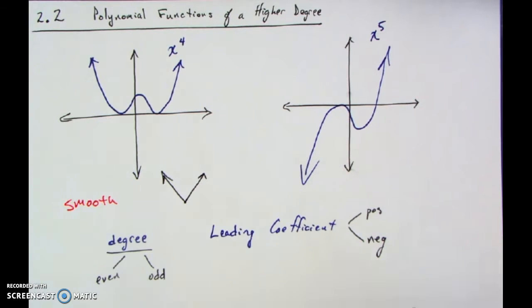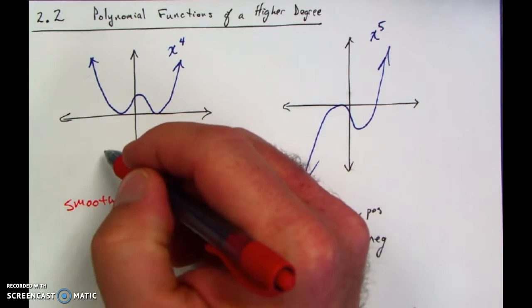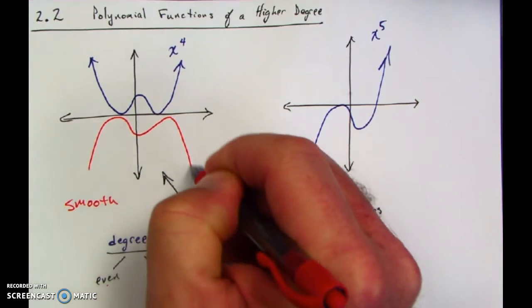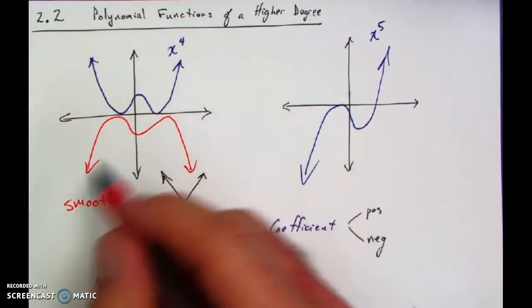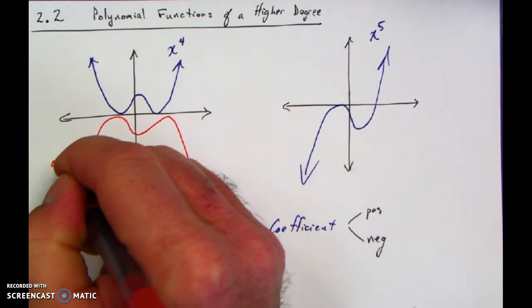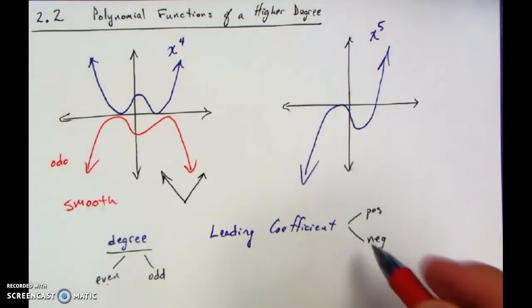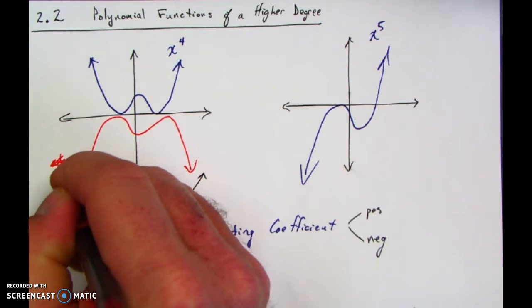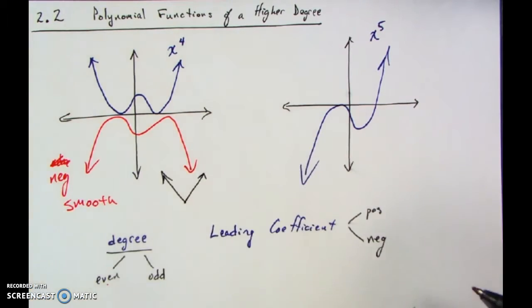If I have an even degree that is negative, then that's going to be something just like a parabola. Now we're saying even degree, but a negative leading coefficient is going to open downwards.